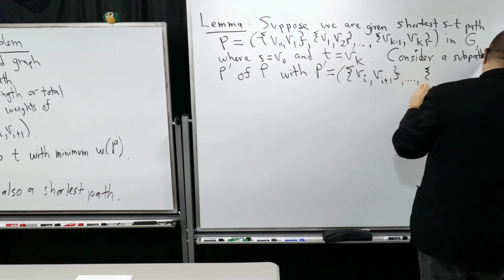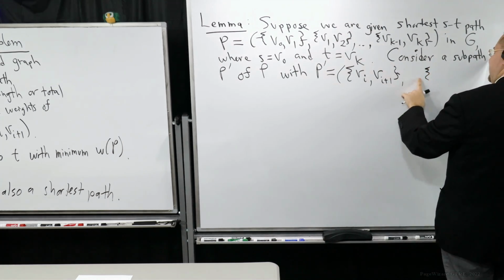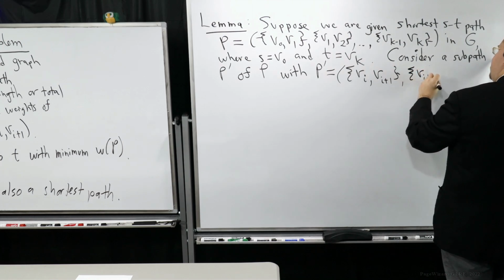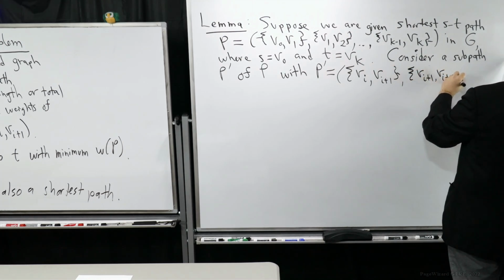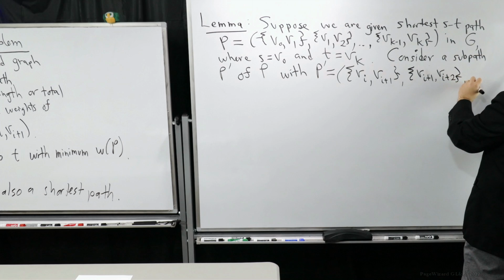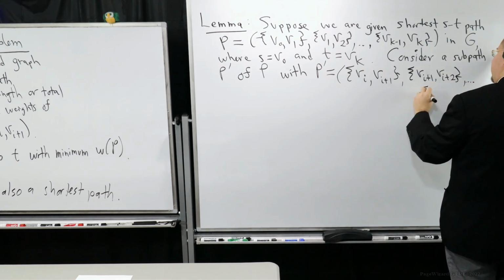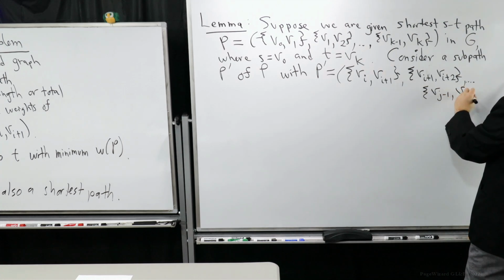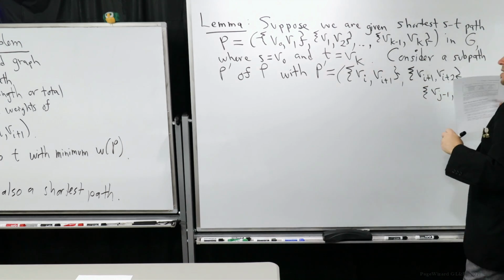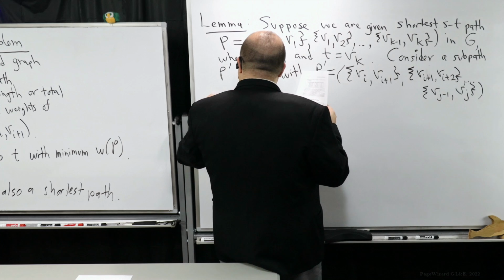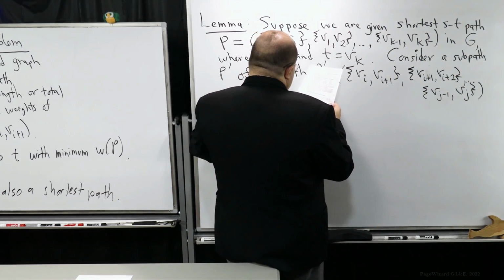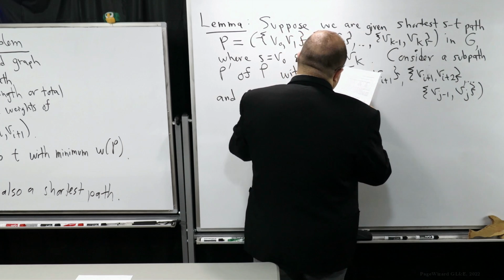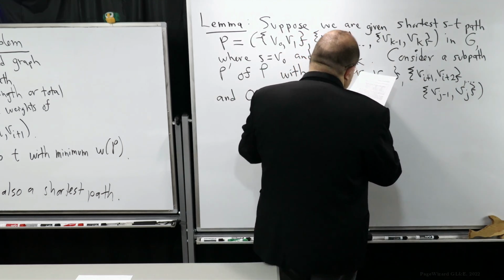And let me add another edge in here just to make it clear what we're talking about. It's going to be vi plus 1, vi plus 2, and it's going to go up to and include, as the last edge, vj minus 1, vj. And it's going to be the case that 0 is less than or equal to i, is less than or equal to j, is less than or equal to k.